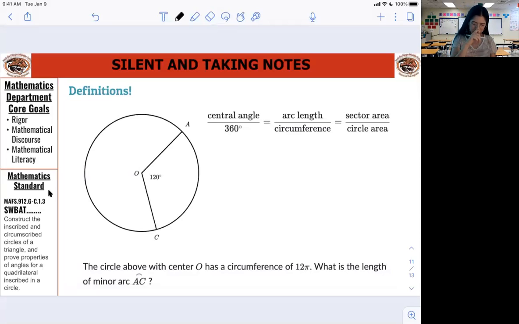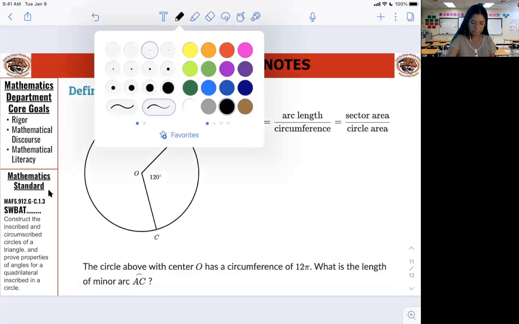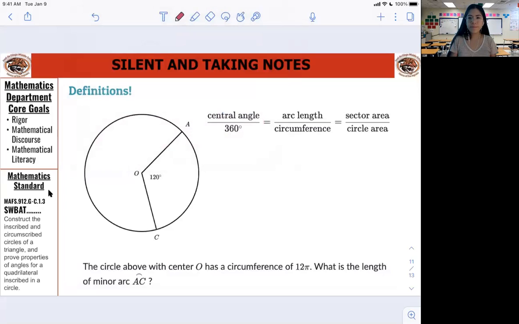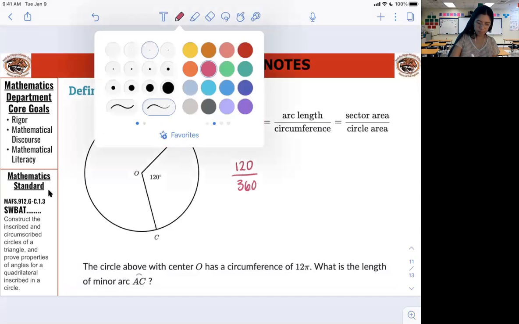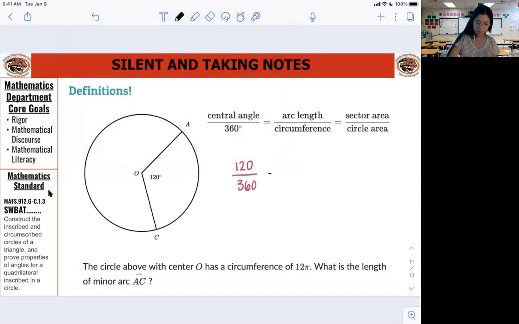Which parts am I using? Set it up for me. What do I write? Good, 120 over 360 is equal to... Arc length. Do we need arc length? Yes, we do.